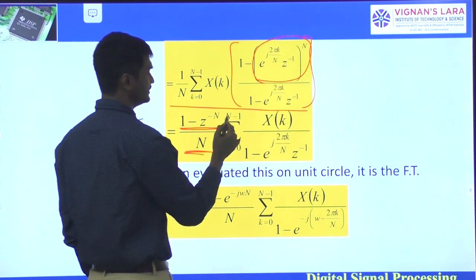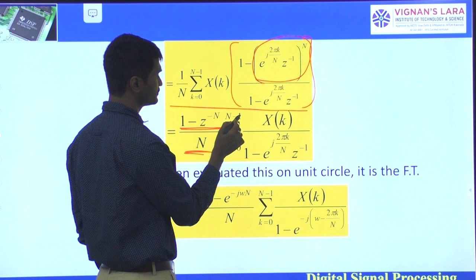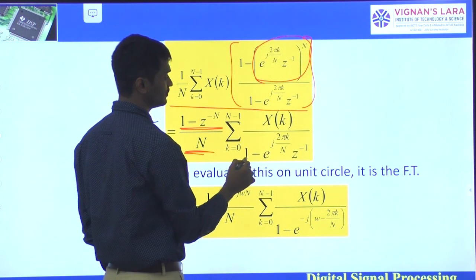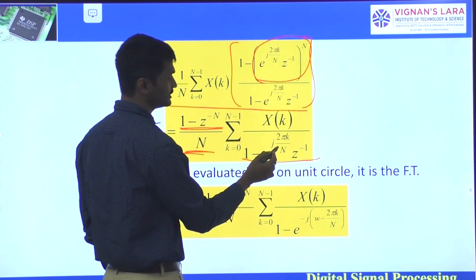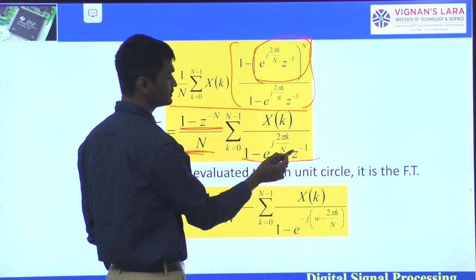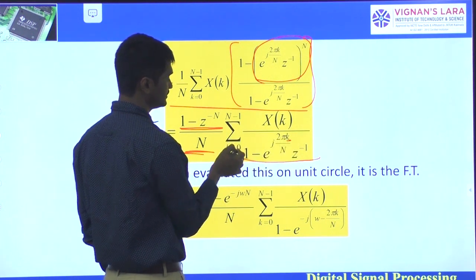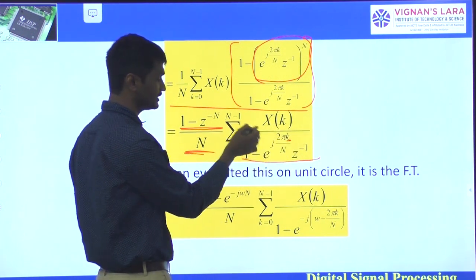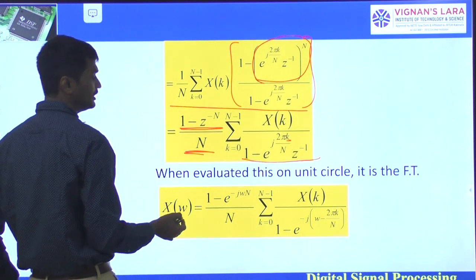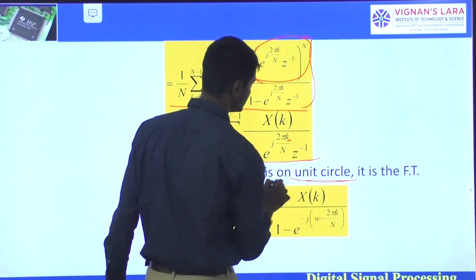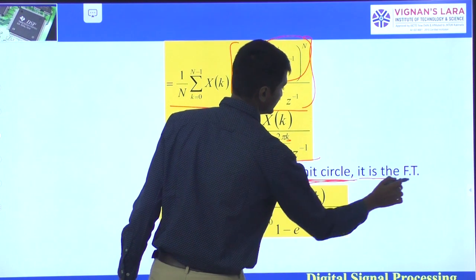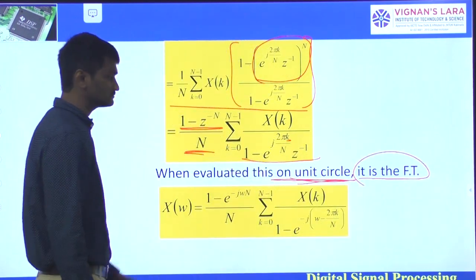Then here, sum over k equals 0 to N minus 1 of X of k by 1 minus e power j 2 pi k by N into z power minus 1, because k is there. So we have to present it in terms of the k index. When evaluated on the unit circle, it is the Fourier transform.